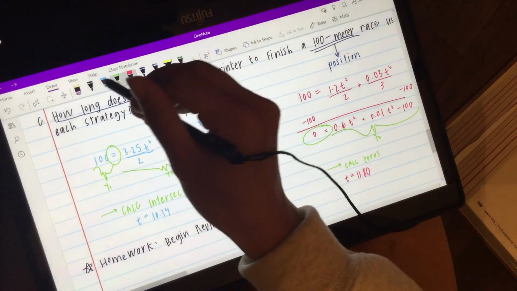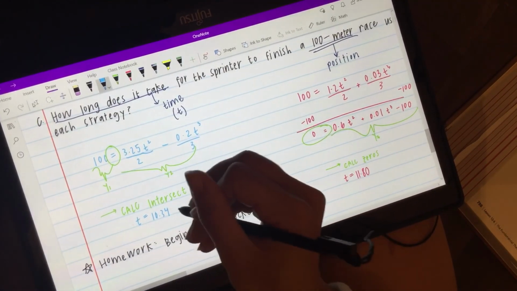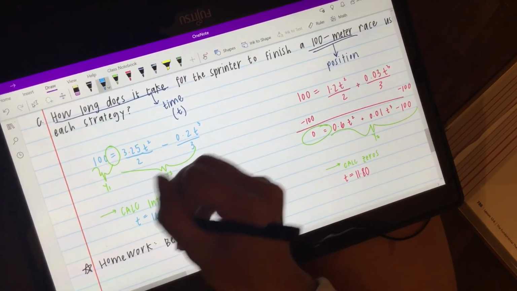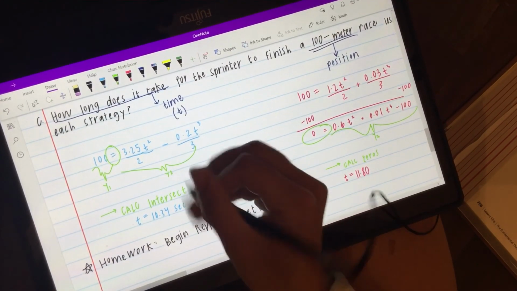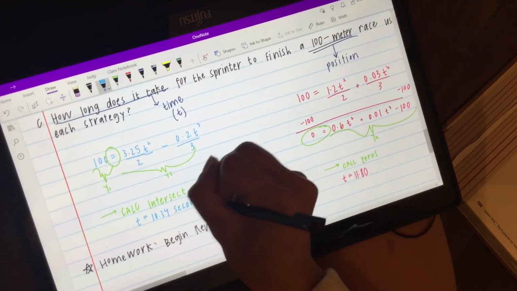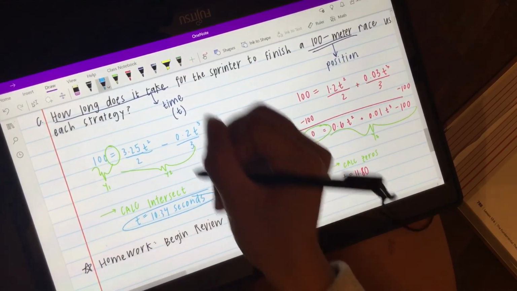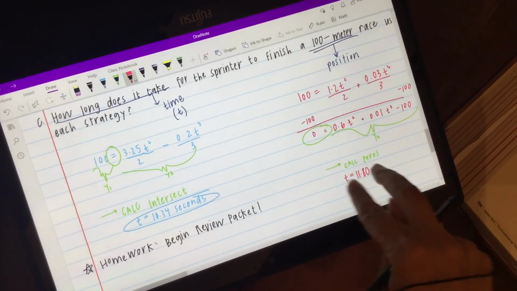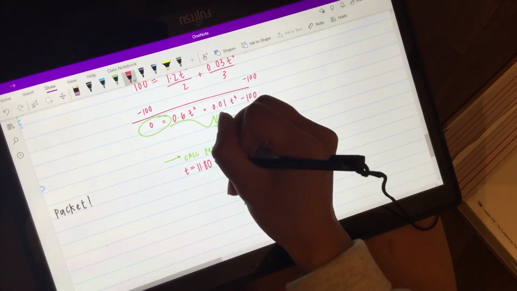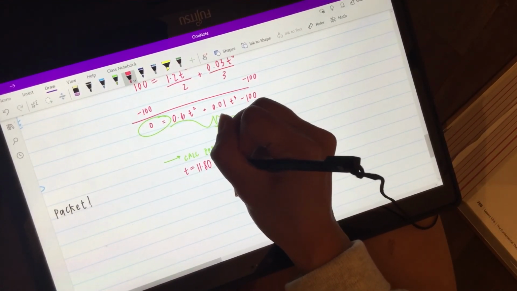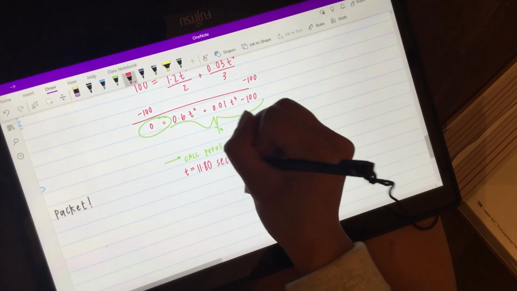So let's interpret these 2 answers now. Using the first strategy, a burst of energy at the beginning, we got that it takes her 10.34, t, remember, is measured in seconds, to finish the race. Using the second strategy of speeding up throughout the race, not with an initial burst of speed, she finishes the race in 11.8 seconds.